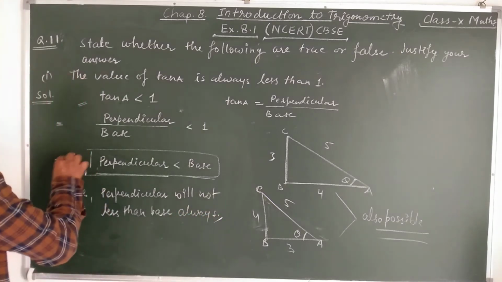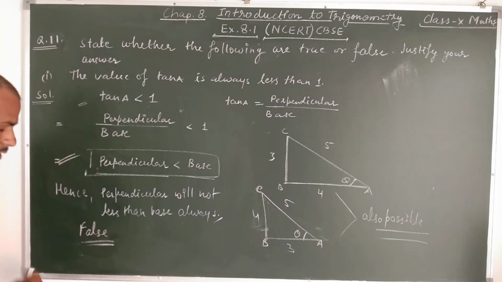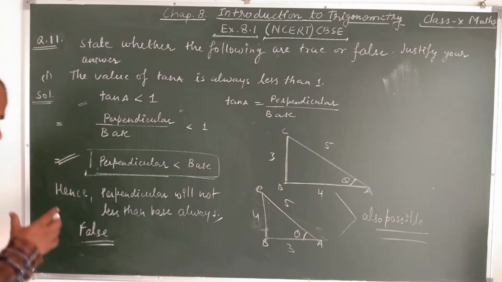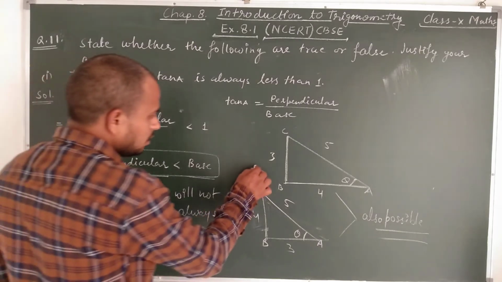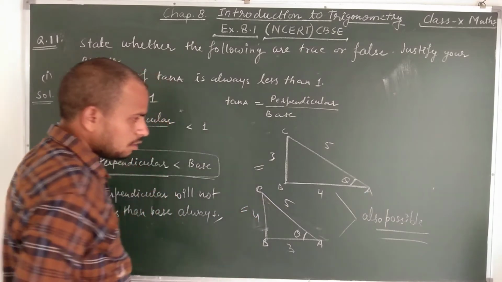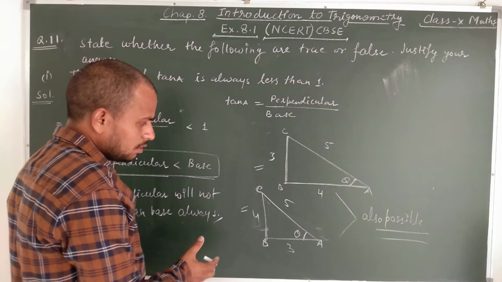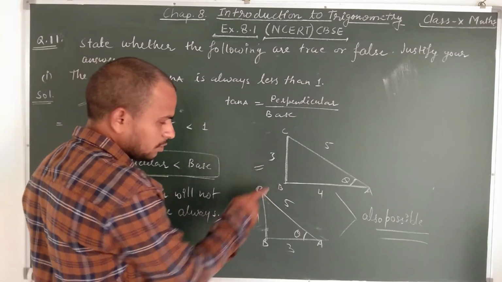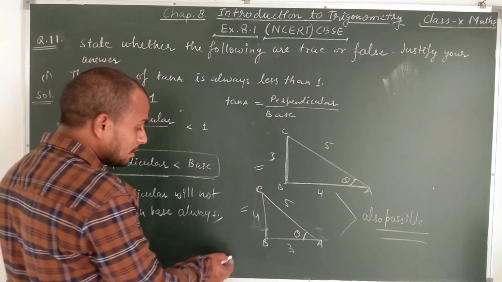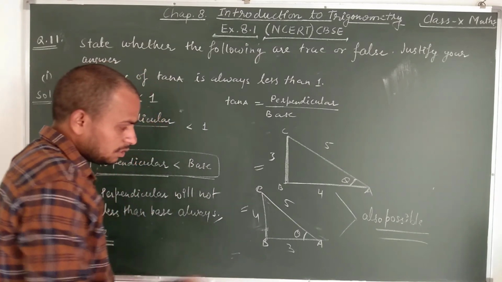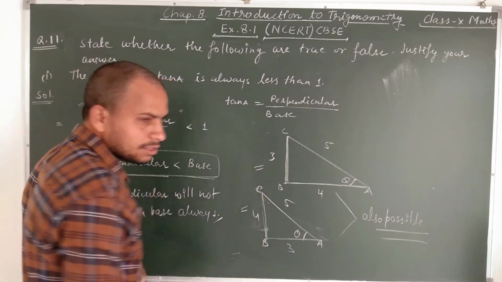So this statement is false, because in these two cases we analyzed, in the first case perpendicular is less than base, but in the second case perpendicular is more than base.